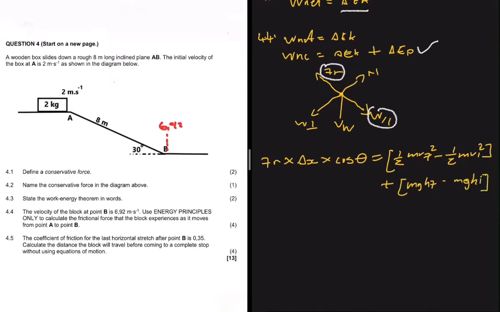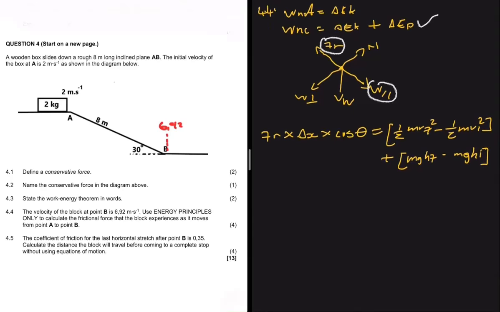Friction is what we're looking for, so we have Fr multiplied by delta x, which is 8 meters, the displacement of the object, and then multiplied by cos of 180. When you're calculating the work done by friction, it will always be cos of 180 because it always acts in the opposite direction.